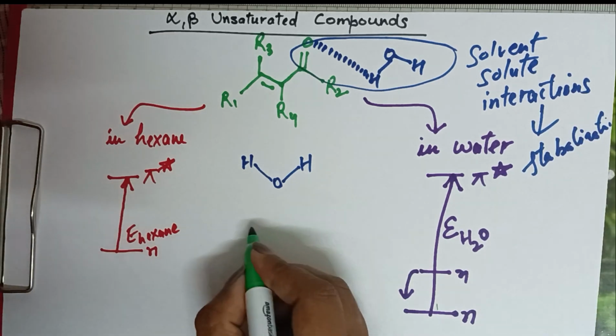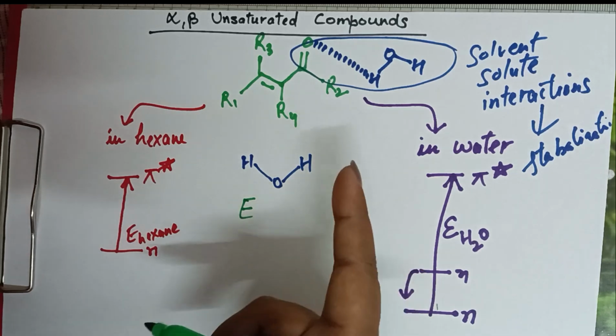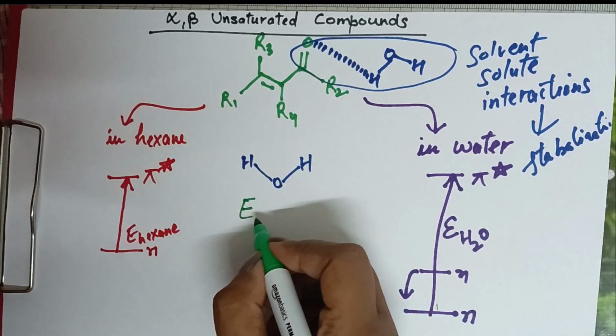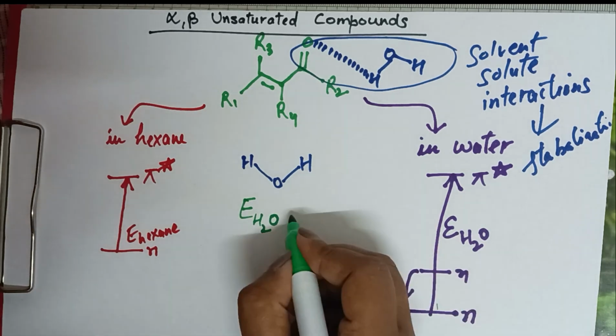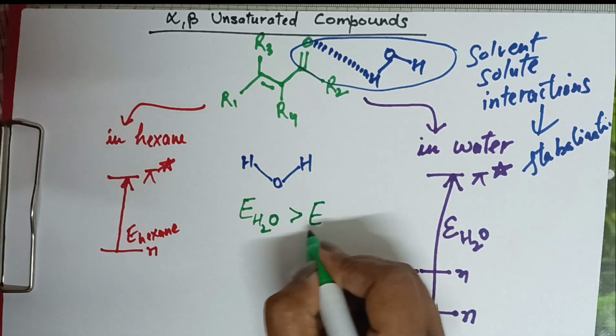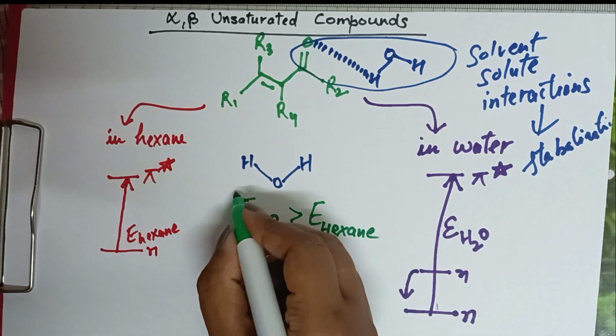So overall what has happened? Overall we have observed in case of n to pi star transition, the energy gap is more as compared to the energy gap in case of hexane as a solvent, right?